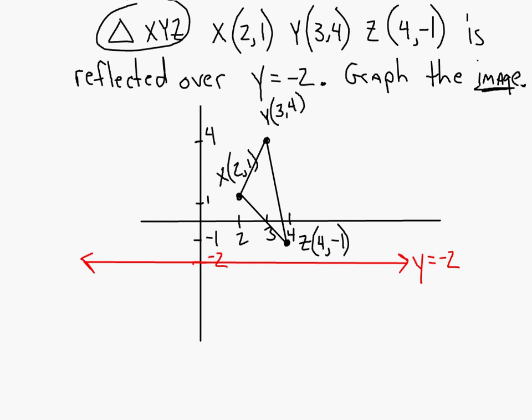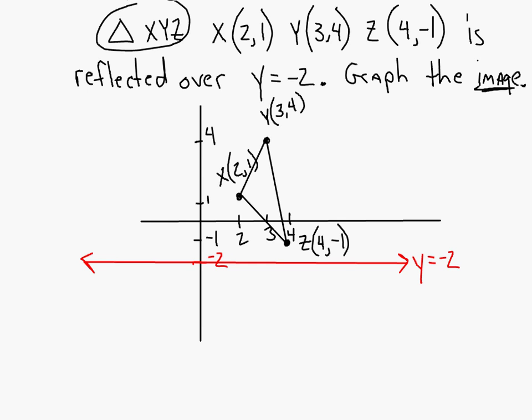Corresponding points need to stay the same distance away from that line. So if you take this image and it's up top and you're going to flip it over the red line down to the bottom, none of the x values are going to change, are they? Your x values won't change. So you've got point X right here. How far is the y value of this point from the line of reflection? 3.